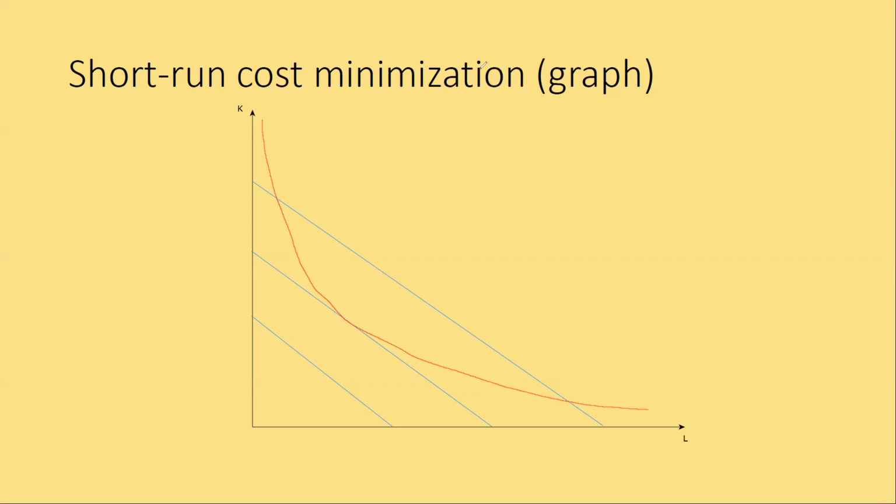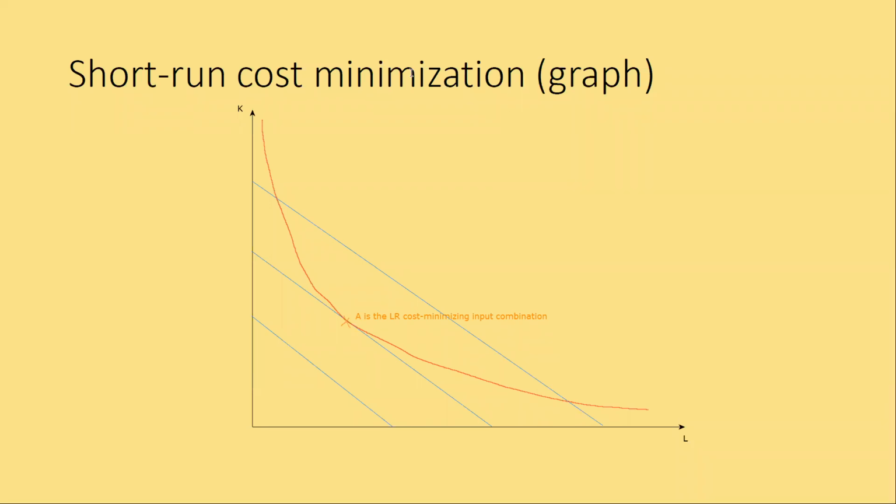All right. So this tangency point would be the long run cost minimizing point. So let's call this point A the long run cost minimizing input combination. It's fine to put it here, because the firm can freely choose labor and capital, right?